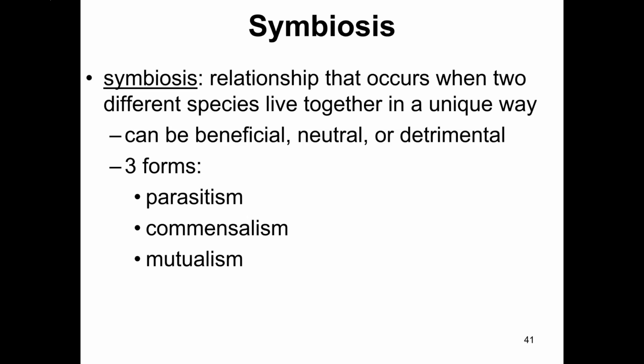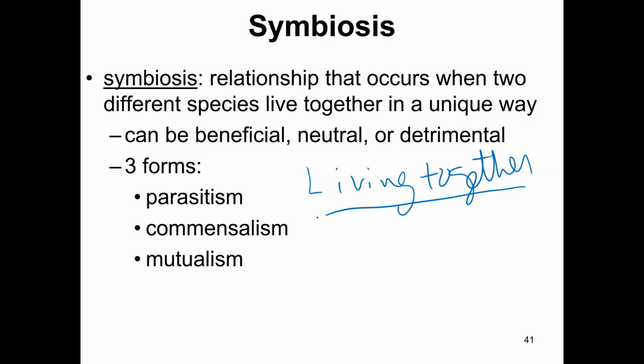Okay, so symbiosis is a relationship in which two different species live together in some way. The term symbiosis just means living together. Symbiosis isn't beneficial or detrimental in a nutshell. It is just living together. The forms of symbiosis can be detrimental or can be beneficial.